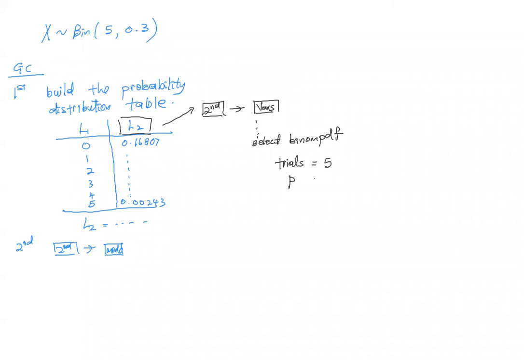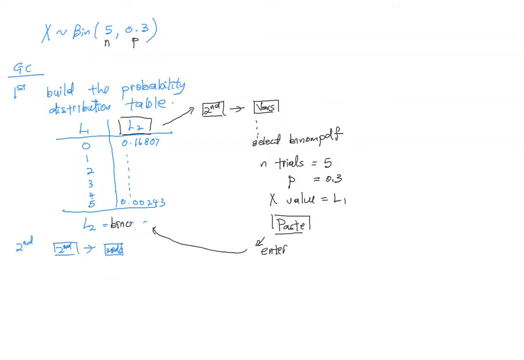Trials means your n. Okay, P, this is your p, 0.3. Your X value is all the values in your L1. So this one you key in L1. Then your cursor will come to paste. Then you press enter. The moment you press enter, the thing will come out here like that.